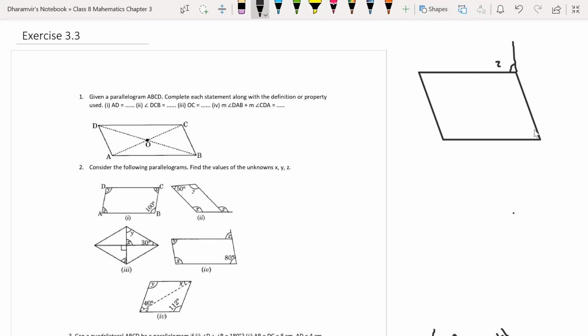The value of this angle is 80 degrees. This is X. This is Y. Z is again the corresponding angle to the 80 degrees. So the value of Z is 80 degrees.